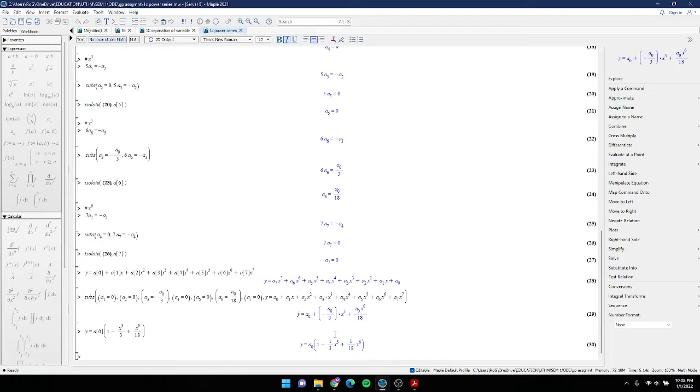Then we factorize the equation, and we get the final answer y equals a0 times the bracket 1 minus 1 over 3 x to the power of 3 plus 1 over 18 x to the power of 6. Okay, that's all for me for this question 1.